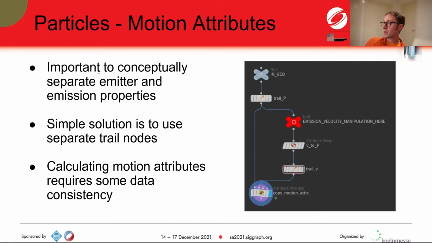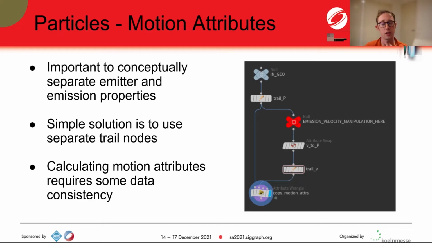So the first step is to calculate the motion attributes. It's important to conceptually separate the emitter velocity from the emission velocity. This is different from a lot of the way that the setups in Houdini typically work, but it's a key component to getting this to work.